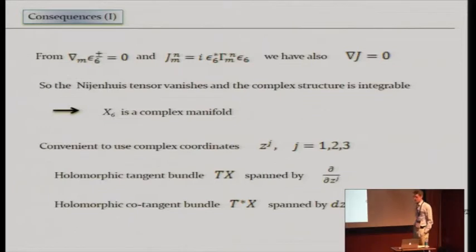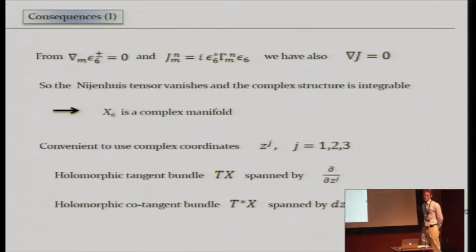Now, in general, an almost complex structure does not imply a complex structure. There are explicit counterexamples to that. But in our case, we have a bit more structure. Remember that the covariant derivative of our spinor vanishes. And of course, this is just a bilinear, so the covariant derivative of this thing also vanishes.